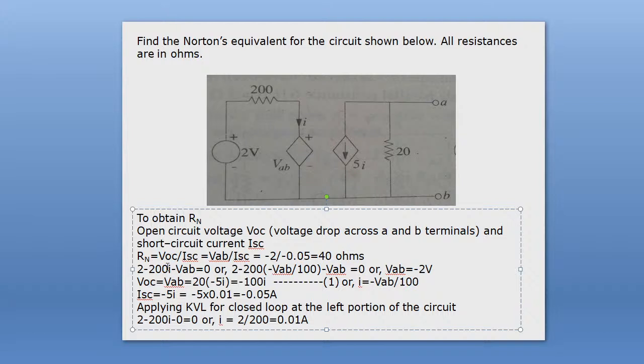We replace I in terms of VAB, so ultimately we will get minus 2 volt.